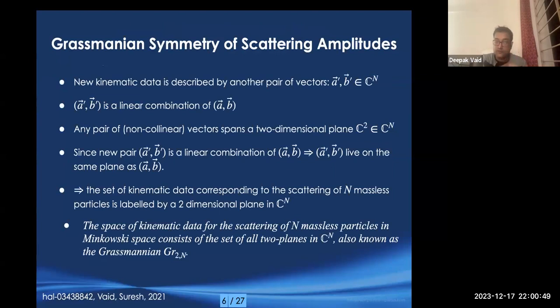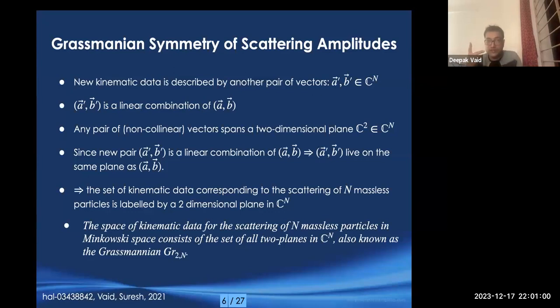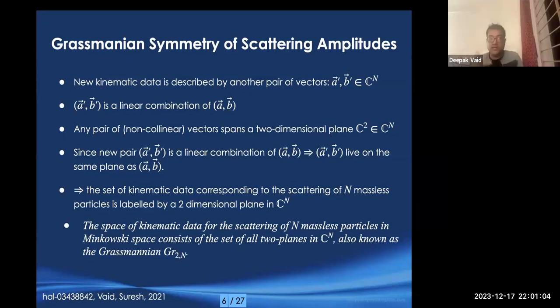But do you understand why this is the case? If you take a linear combination of any two vectors, the linear combination will lie in the same plane as those two vectors.